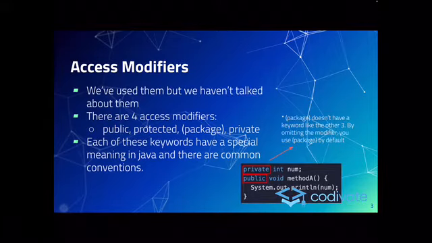There are actually 4 different access modifiers. In addition to private and public, there's also protected and package. Each of these keywords has a special meaning in Java, and there are some common conventions with using them.